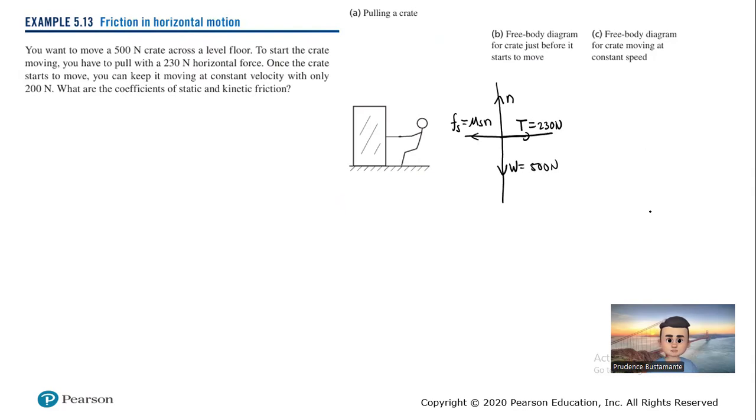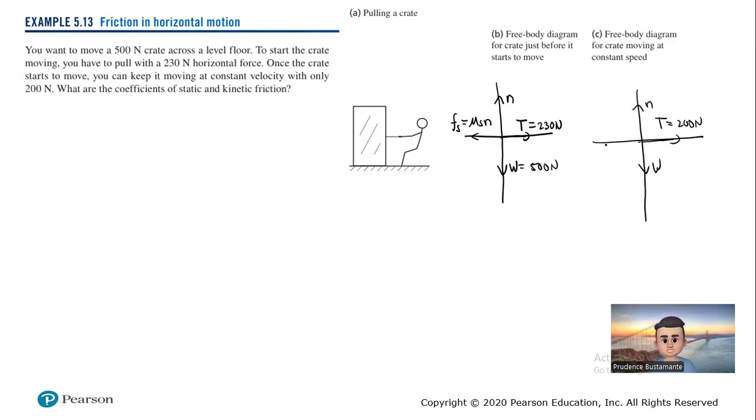In the second case, the free body diagram for a crate moving at constant speed, you are now applying a force which is 200 Newton, the normal force, and the weight force.